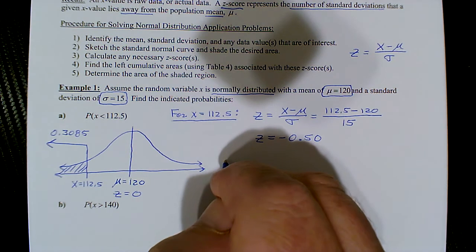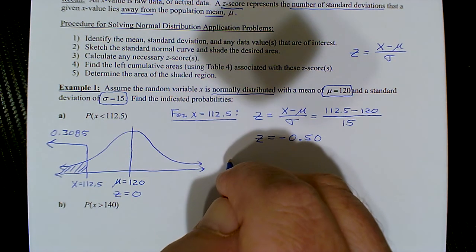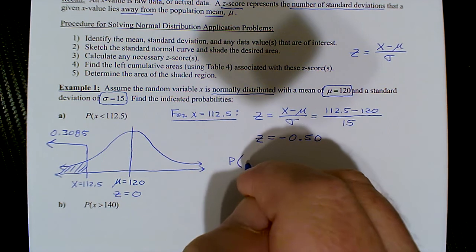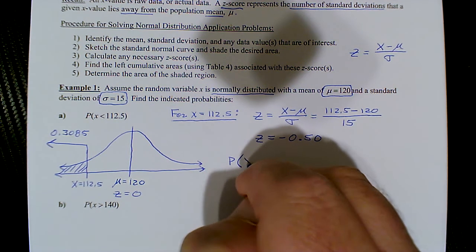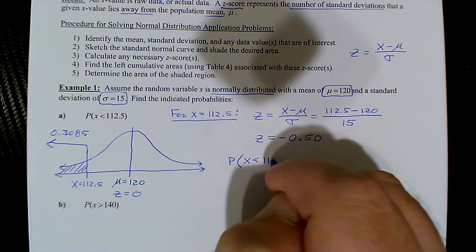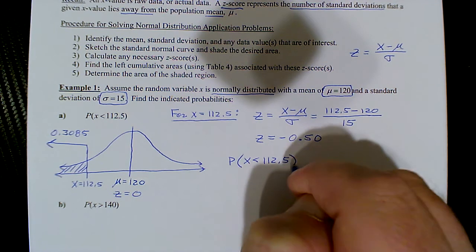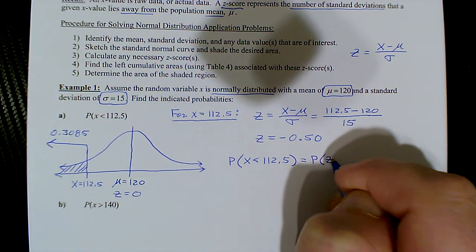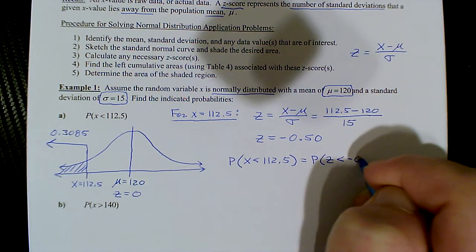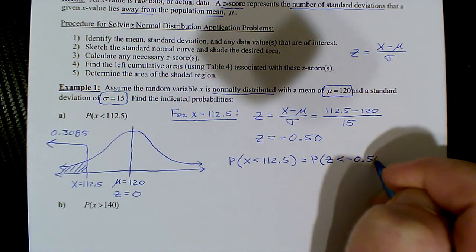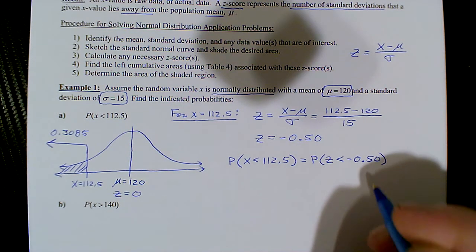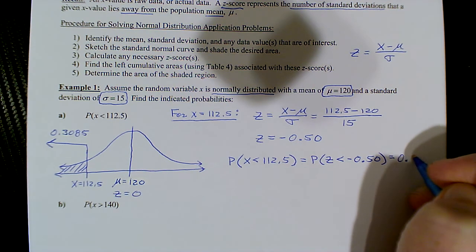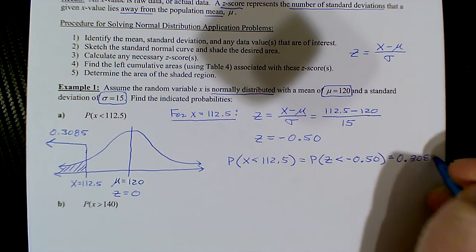So if you want to write probability, here's the notation that you could use. You could say the probability that x is less than 112.5 is the same as the probability that z is less than negative 0.50, which is what we found in the table, 0.3085.